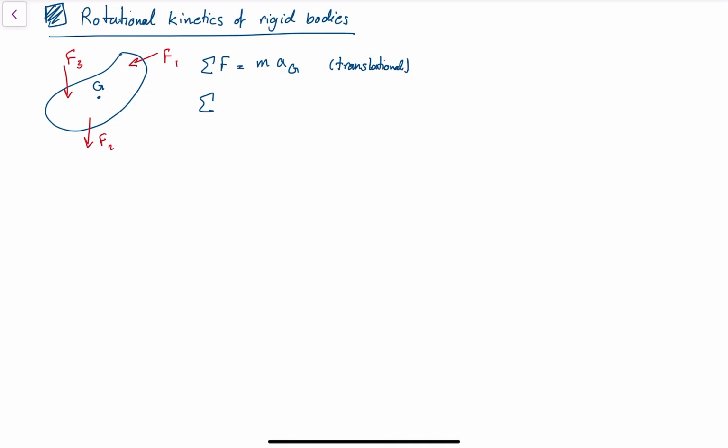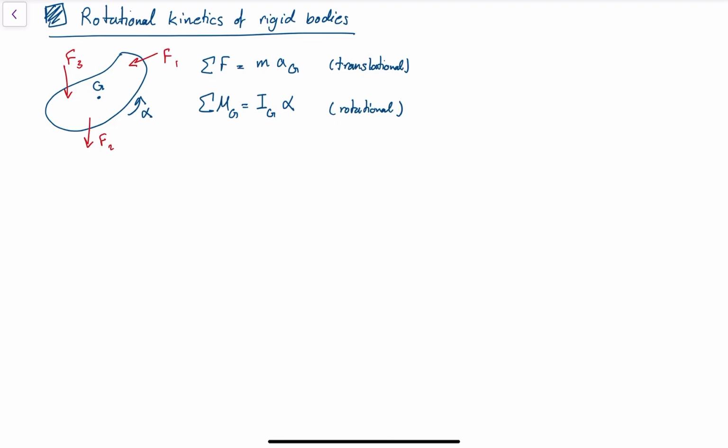I think I'm gonna need more space. Okay, it's fine. And for rotational, you can calculate the moment of all external forces about the center of gravity or center of mass equals the moment of inertia about the center of mass times angular acceleration.